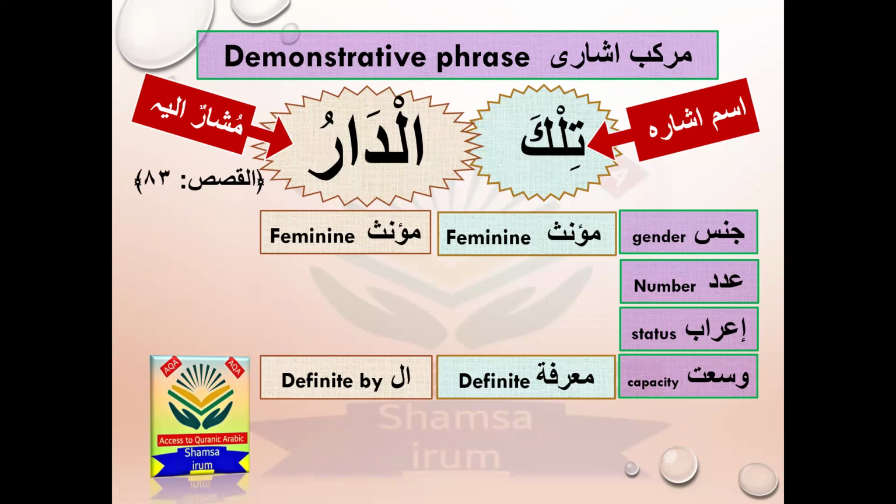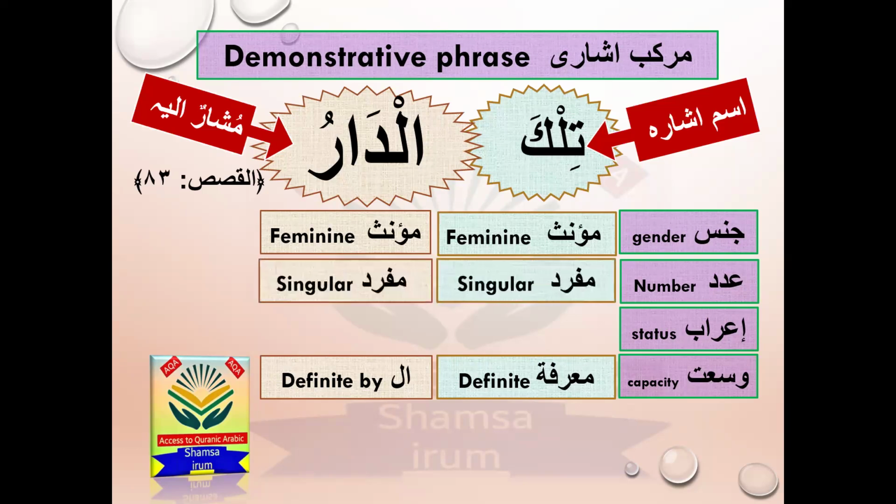If you remember the topic we covered for the feminine, these are the words which I said you have to learn by heart. Among the 10 words which I said you have to learn by heart, this dar is one of them. It is a feminine word. So they both are feminine. In adad, they both are singular. And how will you check the irab?